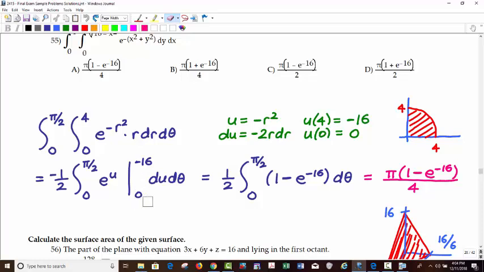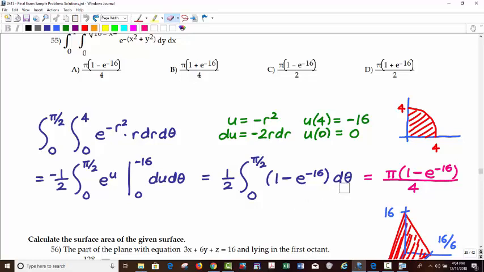I didn't write this step out, but I did the same thing as in the last problem where I reversed them to get rid of the negative. So actually I put the 0 first. So e to the 0 would be 1. Then I put in the negative 16 second. So I have e to the negative 16 here. And then I have 1/2, and that's just a constant right there, 1 minus e to the negative 16 d theta.